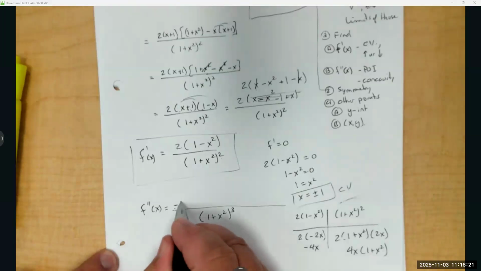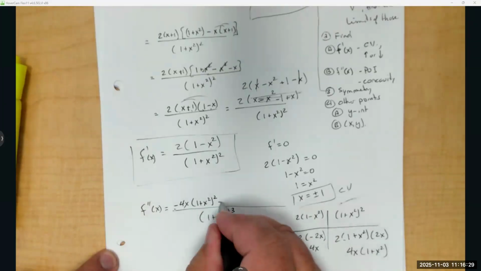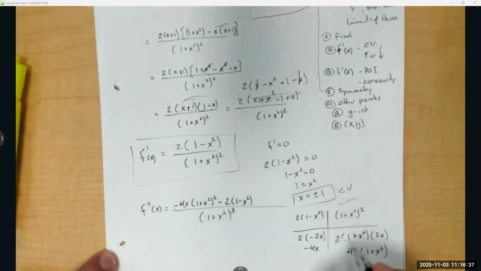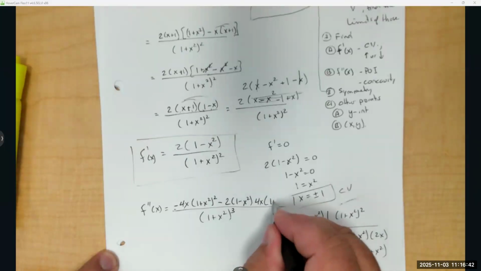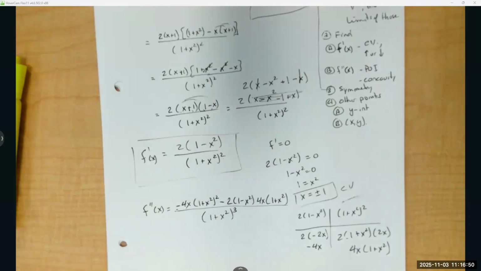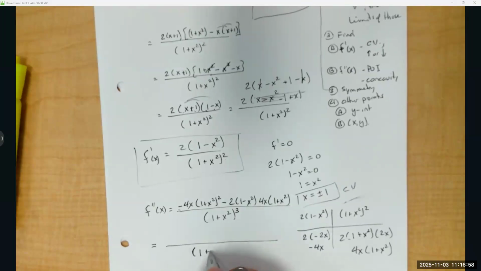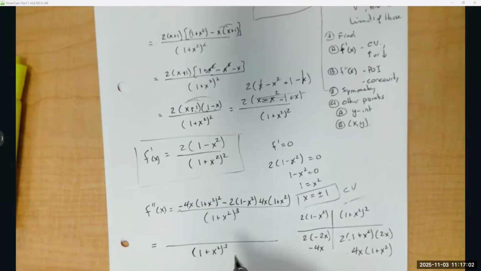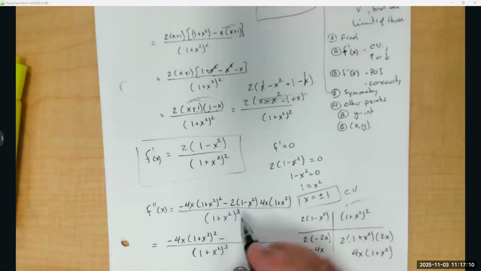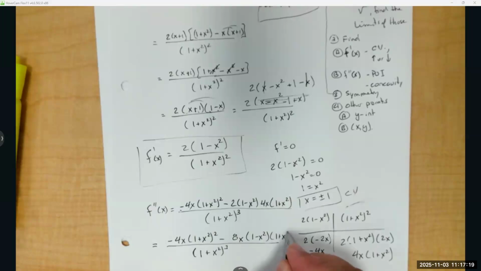So we have negative 4x times 1 plus x squared squared, minus 2, 1 minus x squared, times 4x, 1 plus x squared, all over 1 plus x squared cubed. x squared squared. 4 times 2 is 8x, 1 minus x squared, 1 plus x squared.